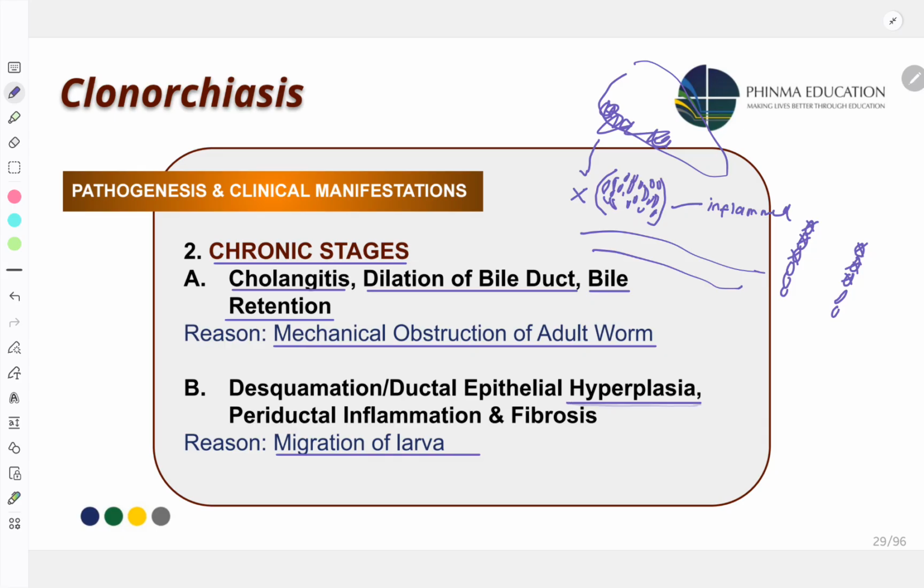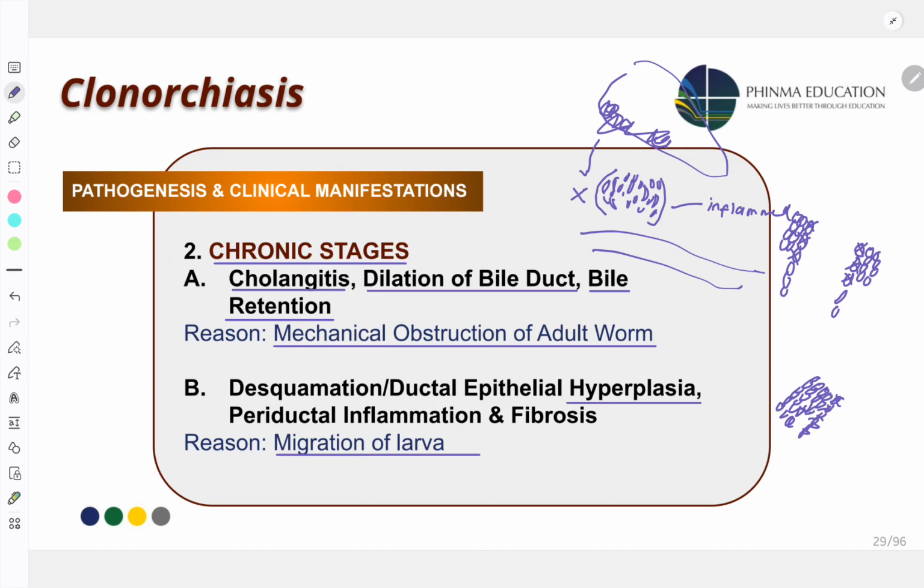And then what happens? In response to injury, if some cells die, it produces new cells. That is your hyperplasia. When you say hyper, meaning, it is an over-the-top response. Normally it is just like that, but after constant desquamation because of the adult worm, your epithelium will try to protect itself.